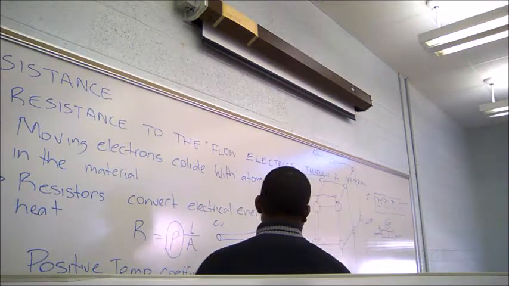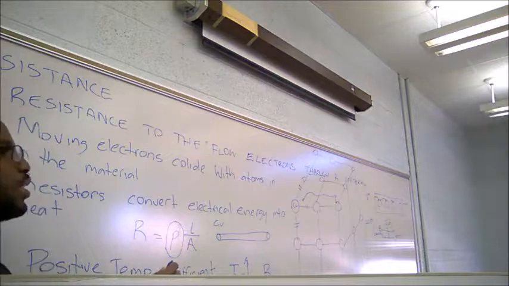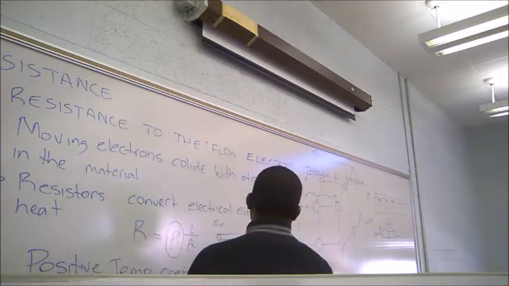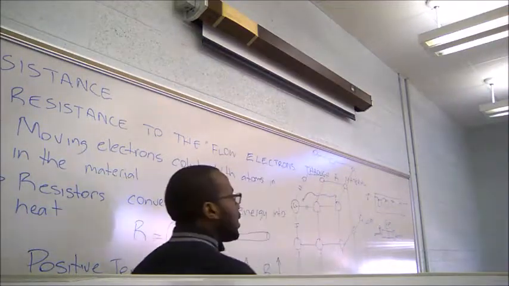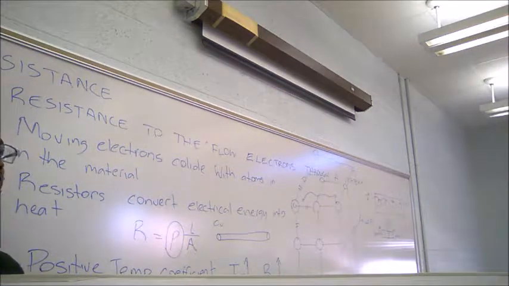Resistance will increase or decrease? Increase. Positive temperature coefficient says if temperature increases, resistance increases. This is critical to know because anytime your circuit is heating up, you'll have more resistance, and so you try to avoid heat. You don't want things to overheat. Overheating is never good.